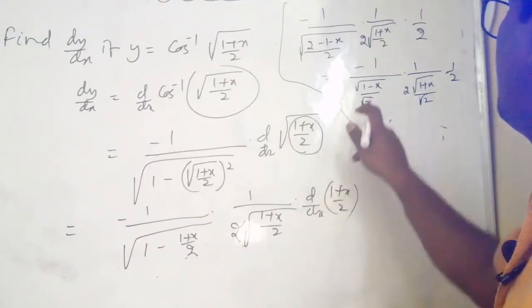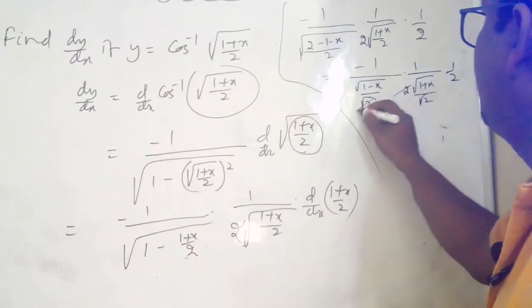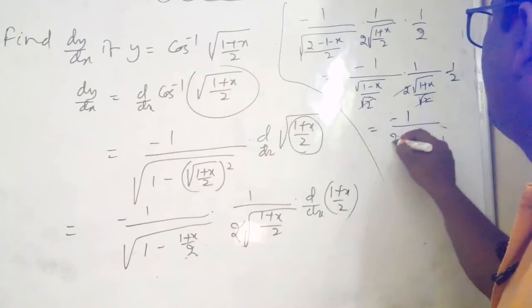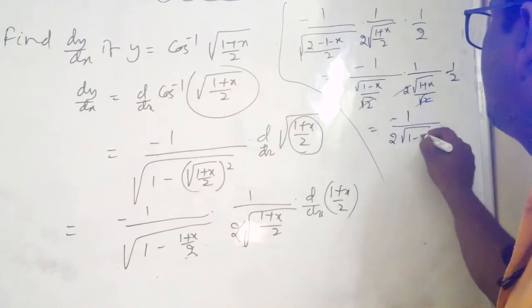So root 2 cancels, and we get minus 1 by 2 into root over 1 minus x square.